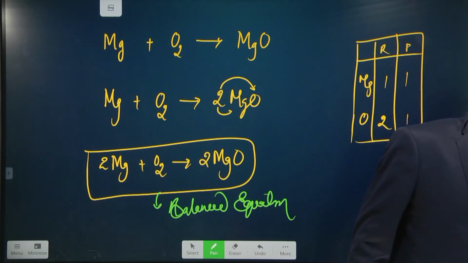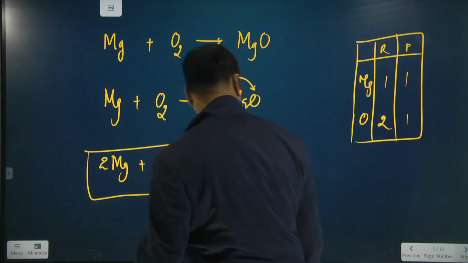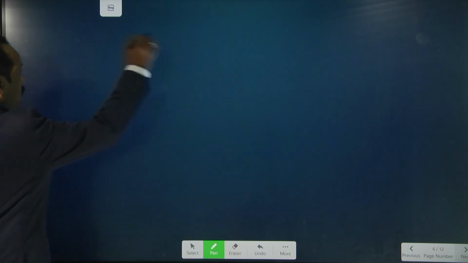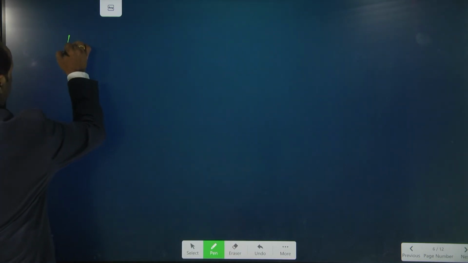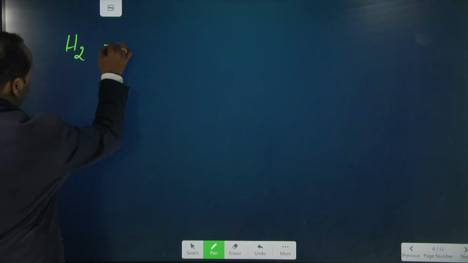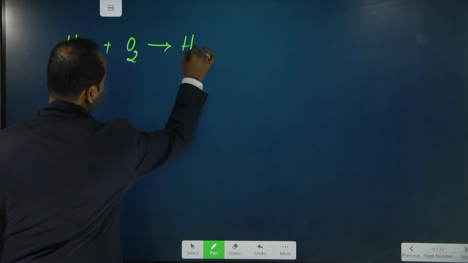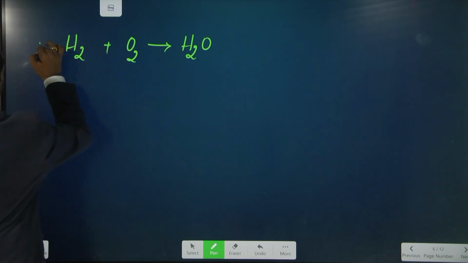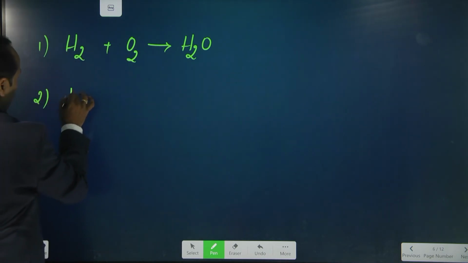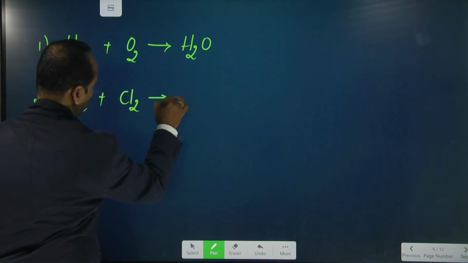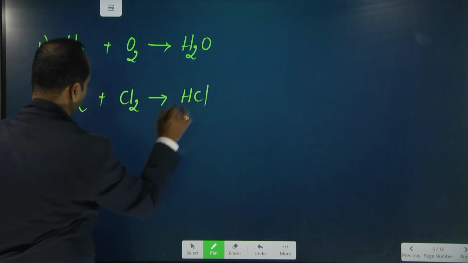Right. So now here I am writing hydrogen H2, oxygen O2 gives rise to water. This is the first equation. Second equation, hydrogen plus chlorine gives rise to hydrogen chloride.